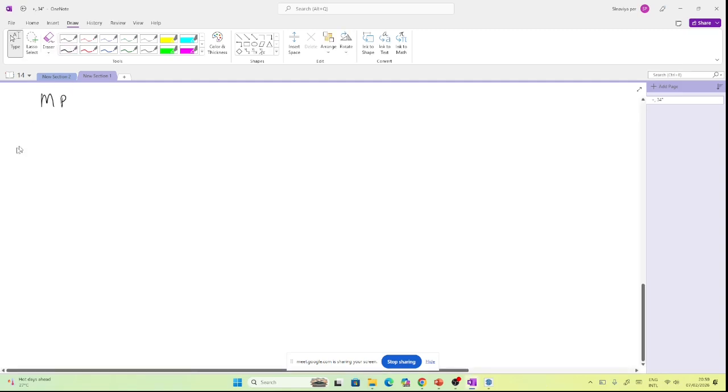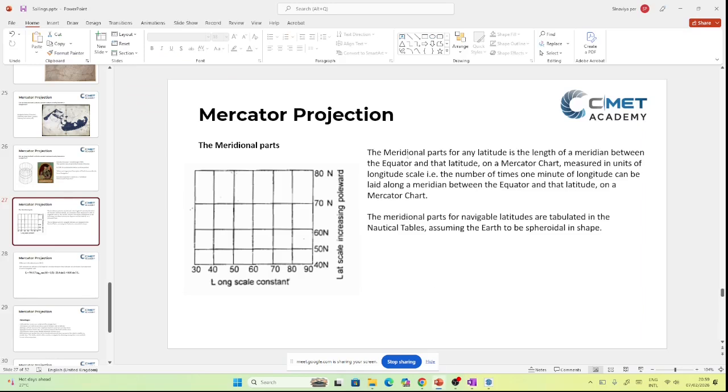What is the definition? Again, I will show you the definition. The meridional path for any latitude is the length of a meridian between the equator and that latitude on a Mercator chart, measured in units of longitude scale.